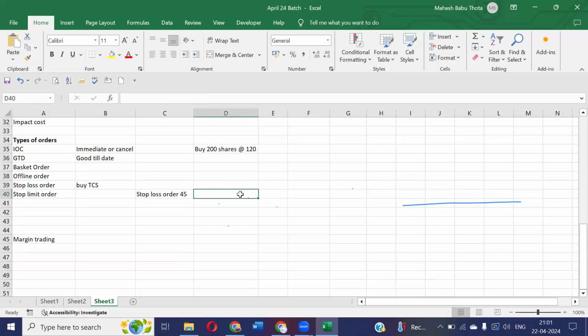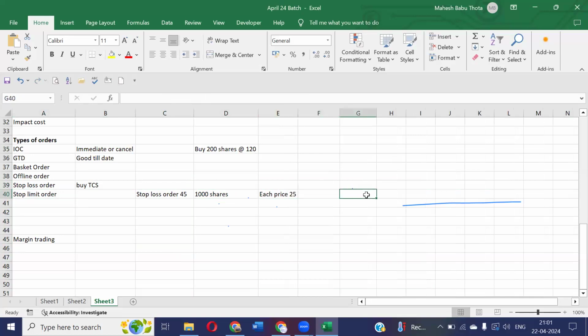Let's take an example. I'm holding some shares, 1000 shares. Each share price is 25 rupees. So what is my portfolio value? 25,000.